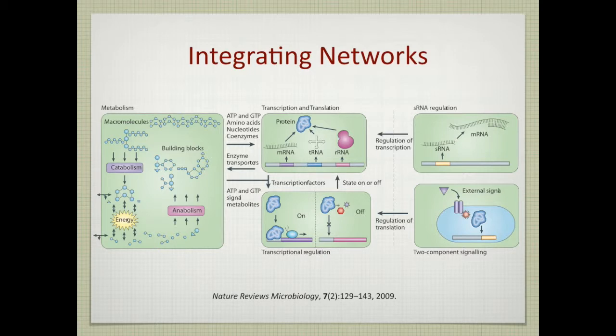And those we'll talk more about in the next lecture, but the data types to do that are becoming available, although how you do the mathematical representation of them is not quite clear yet. I think the two-component systems in bacteria can be reconstructed now based on what we have, but the functions of the small RNA molecules we probably cannot reconstruct today, because we just don't know enough about their function.